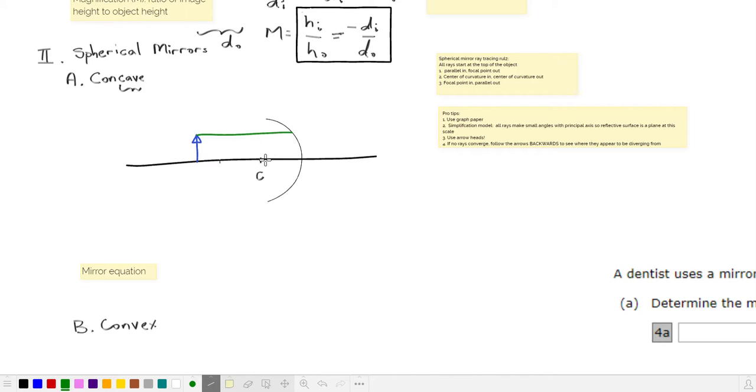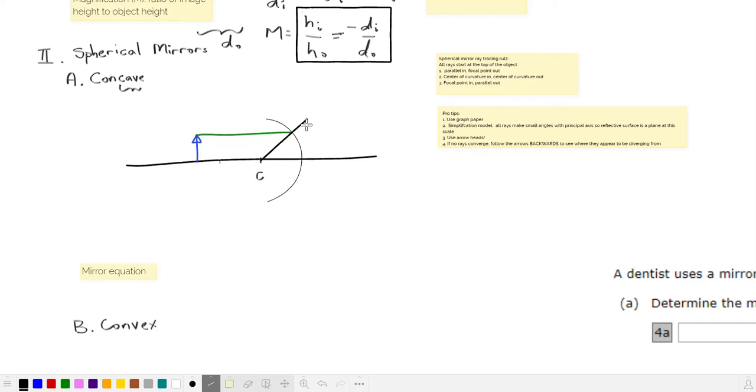Let's think about this. Any line that goes through the center of a sphere is going to be perpendicular to the surface of the sphere. The same is true in 2 dimensions. A radius line is always perpendicular to the surface. So here's a radius line going from the center of curvature.